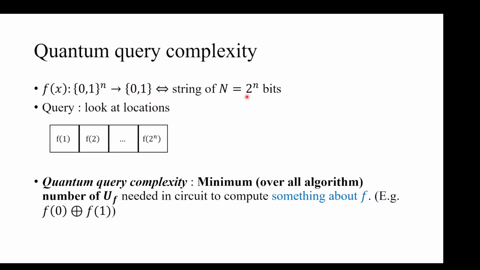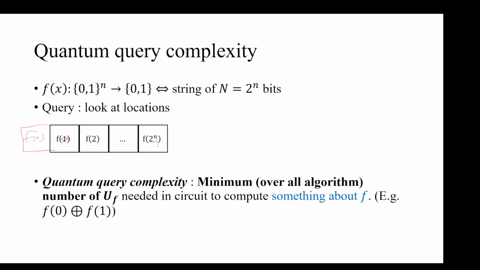We think of this whole function as the input. It is described by its truth table, a string of big N equal to 2 to the n bits, and we think of a query as looking at the location of these different boxes. Let's change the numbering, so we start from f(0) to f(2^n minus 1).